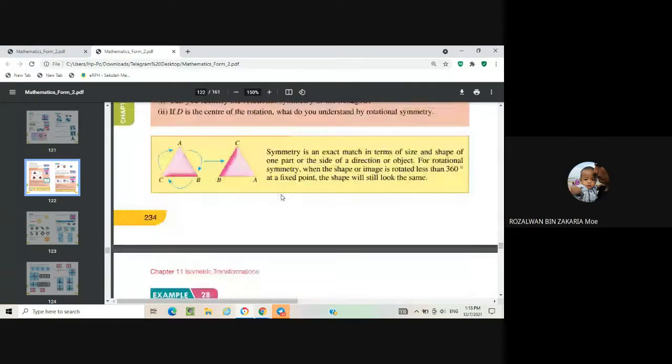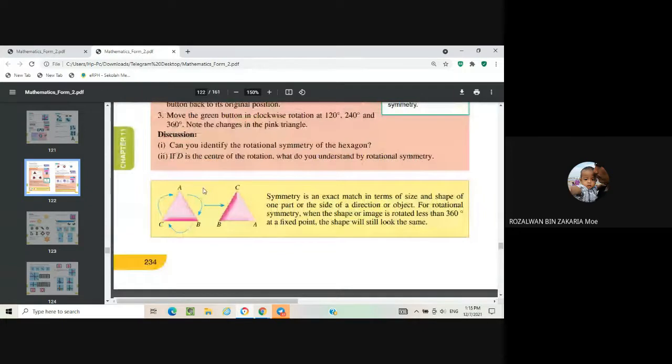Please look at this diagram here. We have triangle ABC and also the triangle CAB. The triangle ABC, after rotation, becomes the triangle CAB. So this is an example of rotational symmetry.